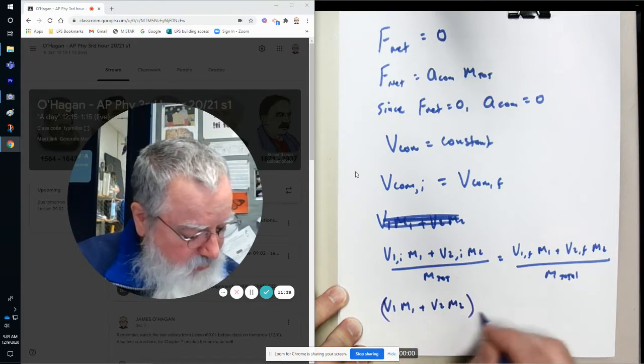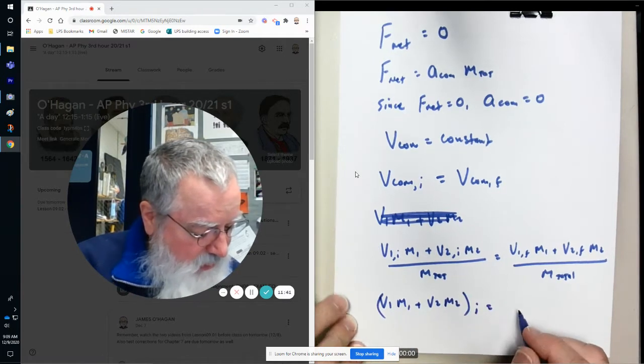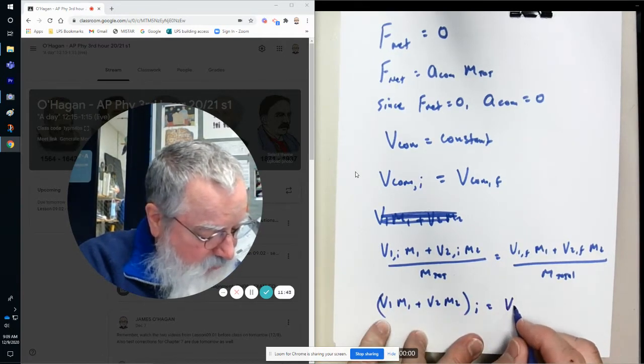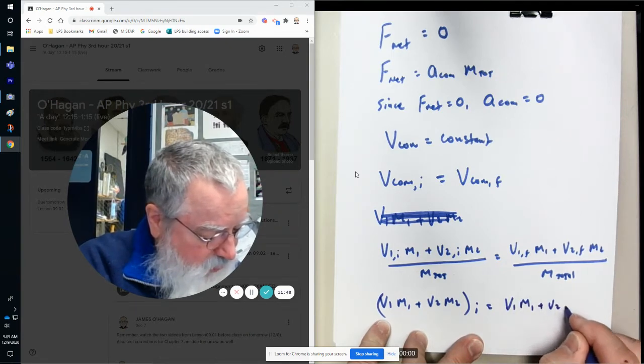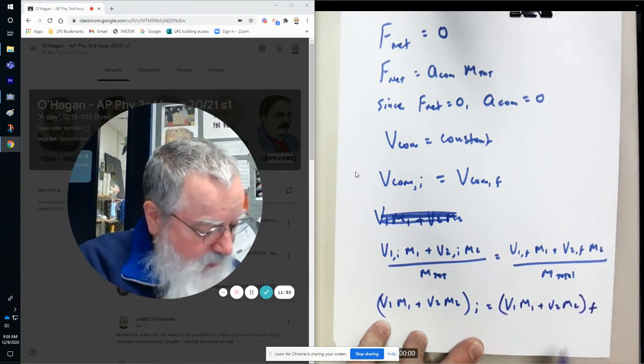This is all initial, before something happens, and it equals velocity of object 1, mass of object 1, plus velocity of object 2, mass of object 2, and this is all the final value.